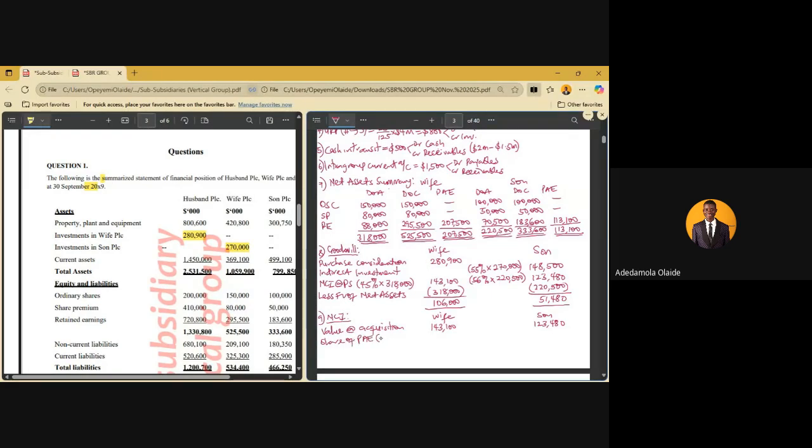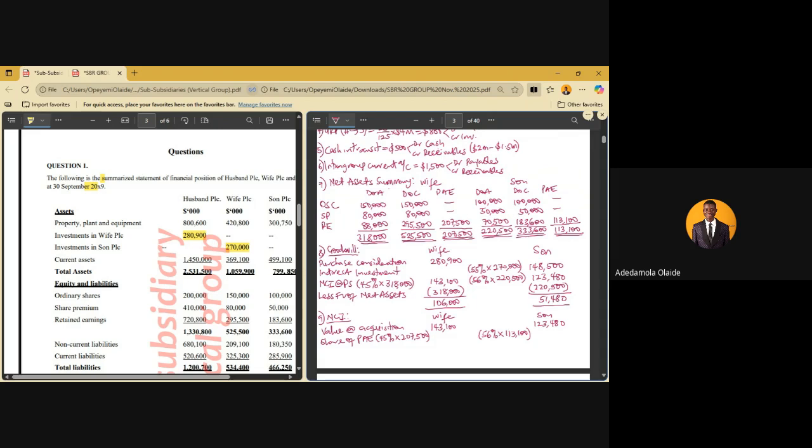So wife we take 45% of 207,500, while son will take 56%, that's their percentage of holding NCI, of 113,100.